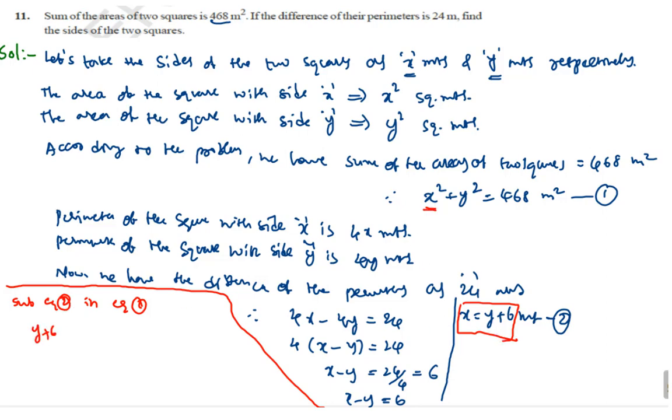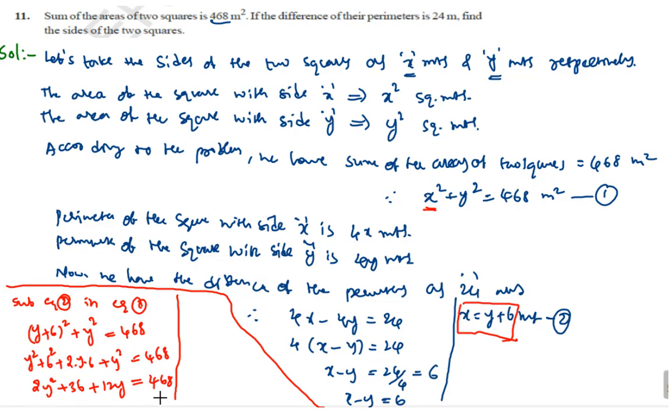So y plus 6 whole square plus y square equals to 468, and it is in the form of a plus b whole square, so we can write a square plus b square plus 2ab: y square plus 2 into y into 6 plus 6 square plus y square equals to 468. y square plus y square will become 2y square, and 6 square equals to 36, and 2 into 6 is 12y, which equals 468.